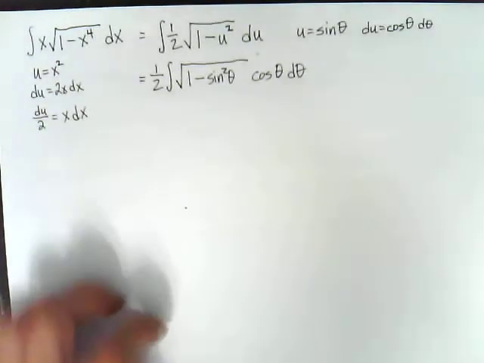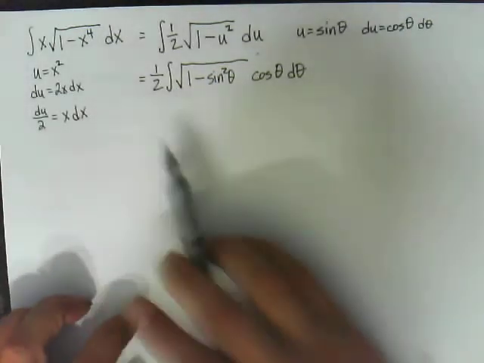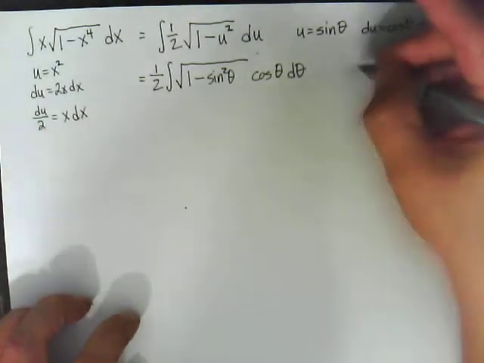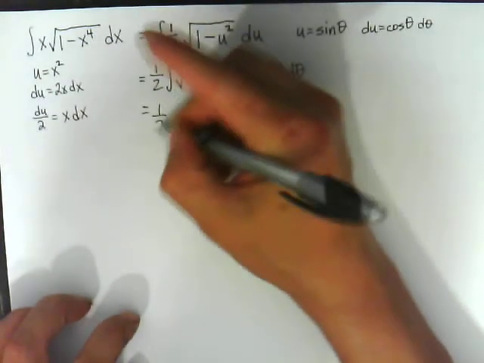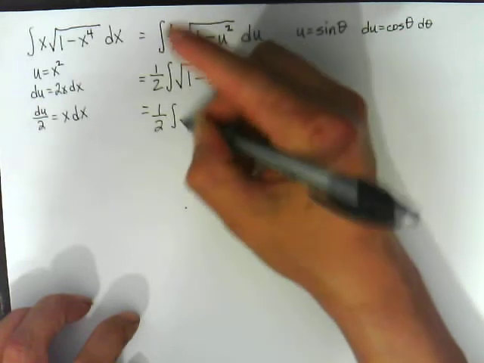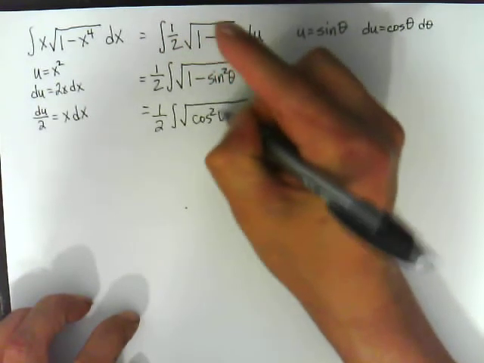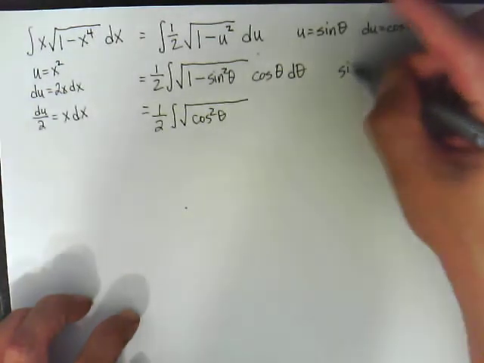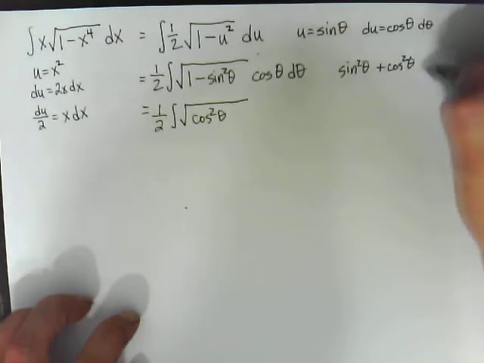And that's our regular substitution that we're going to learn in calculus 2. And why do we do that? Well, because we know that 1 minus sine squared theta is happily cosine squared theta. This is because sine squared theta plus cosine squared theta is equal to 1.